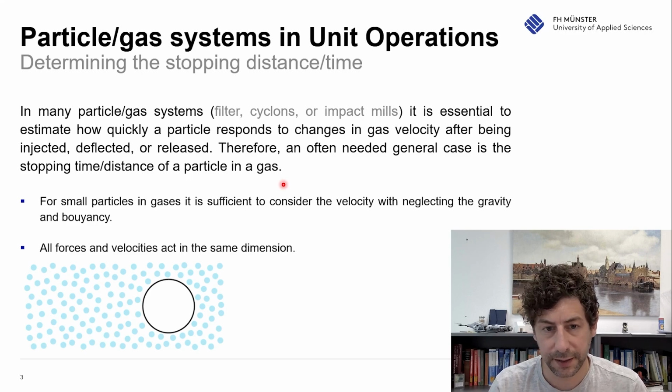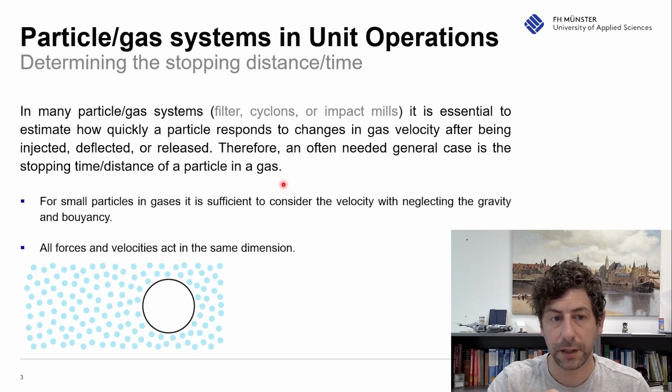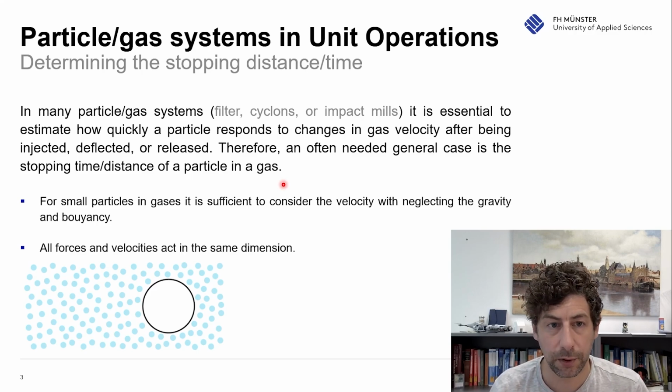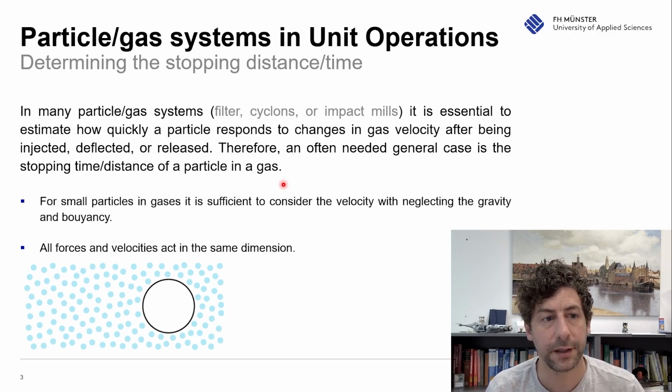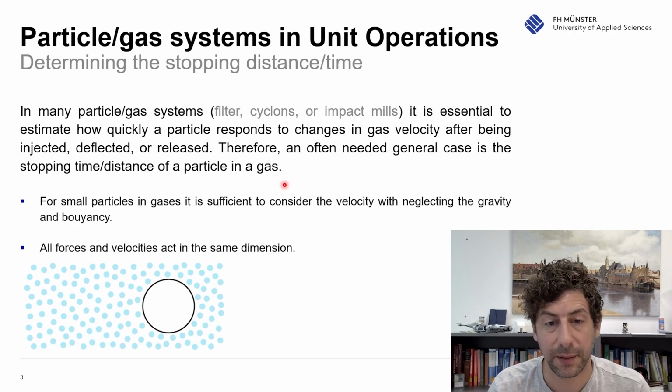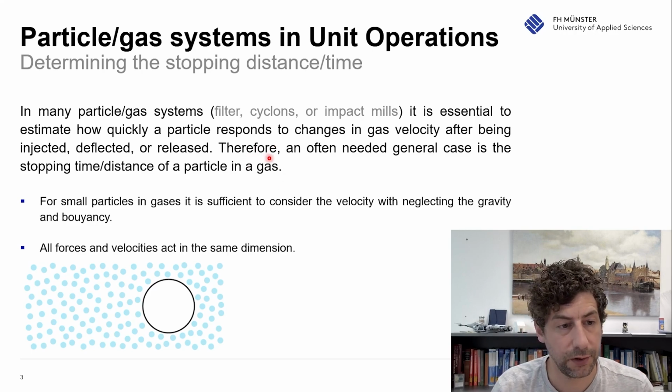The one case, which we discussed in the previous video, is a particle in a fluid, and the question is how fast does it fall down and accelerate? And the second very important question is the one you see here, a particle in gas, and how fast will it adapt to a change in velocity?